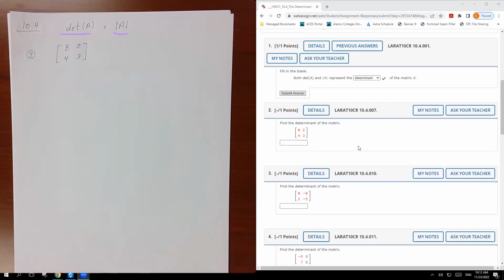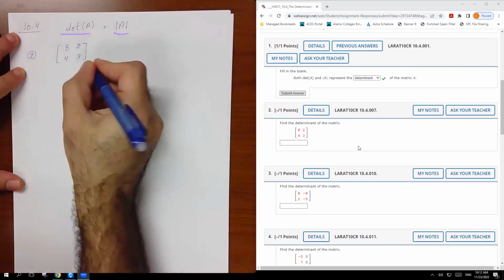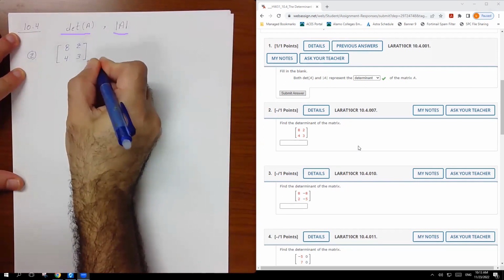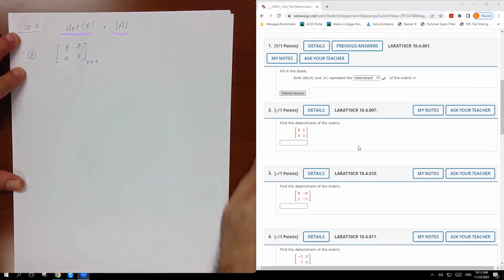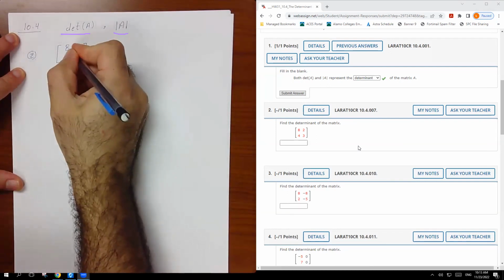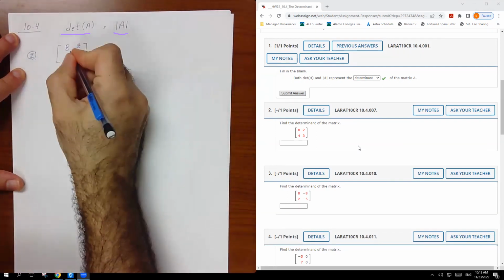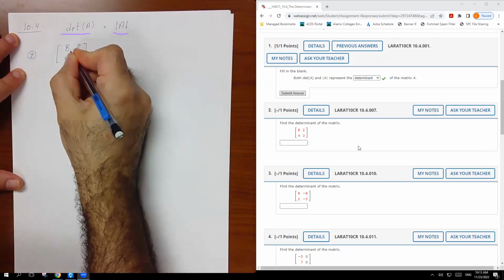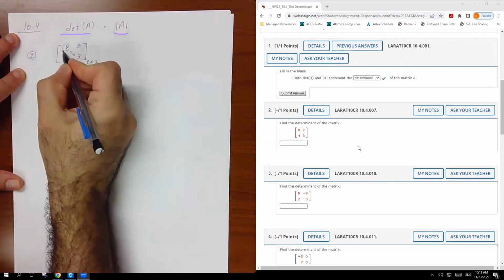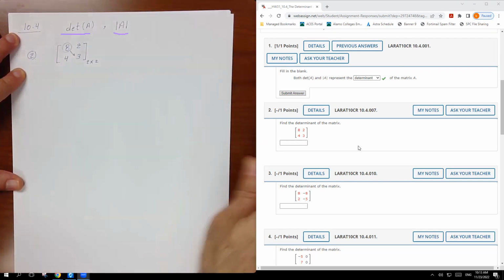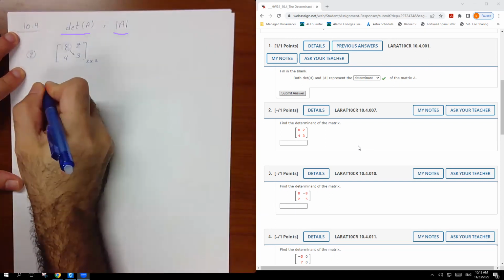We're going to find the determinant for this matrix. When you have the matrix with 2 rows and 2 columns, to find the determinant, you're going to multiply 8 times 3. Always start from this number.